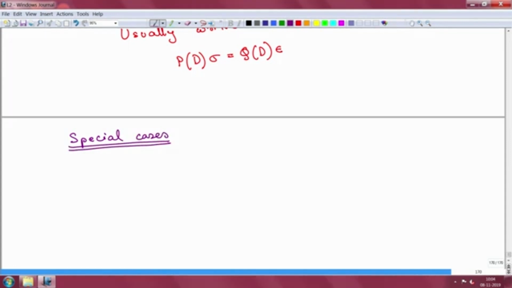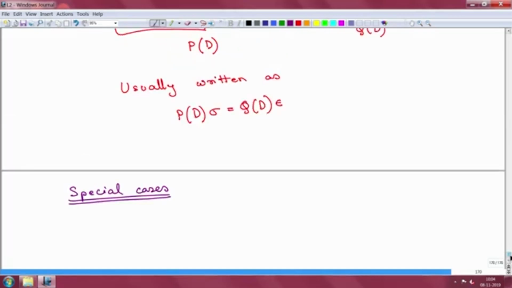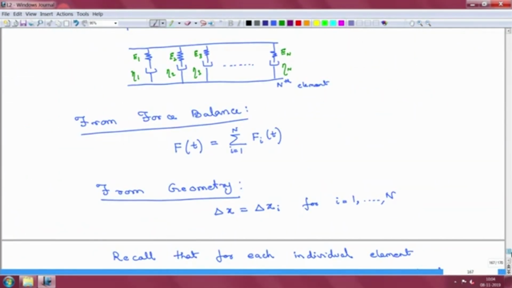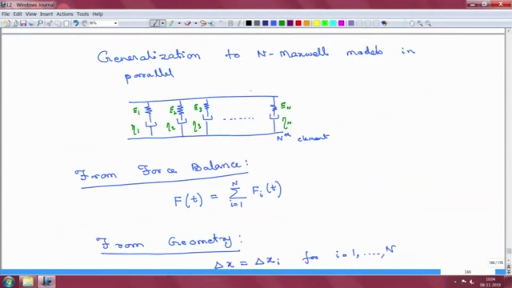So, this entire N-Maxwell model is going to behave as if this is appropriate for a viscoelastic fluid, right. But what happens? So, this is, by the way, so maybe I will just make a note here.